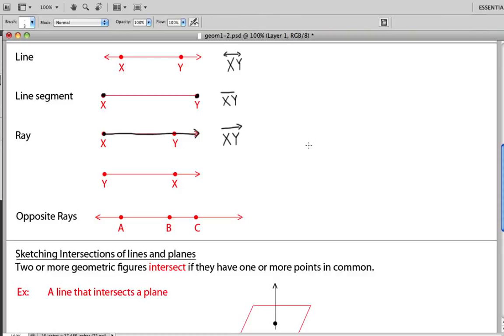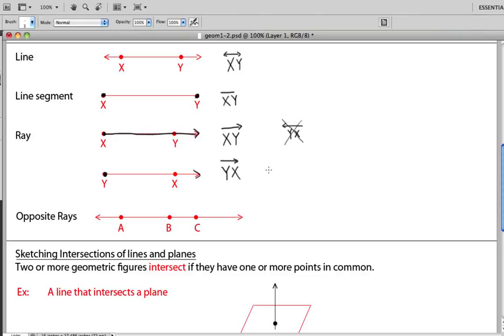I'd like to point out that when we write the symbols for rays, we will never write this arrow going in an opposite direction. For instance, this would not be generally accepted. The arrows will always go from left to right. For this next one, Y is a starting point, so I'll write that as my first letter. X is the direction that this ray is going in, so I'll write that as the second letter, and again put the arrow above it.